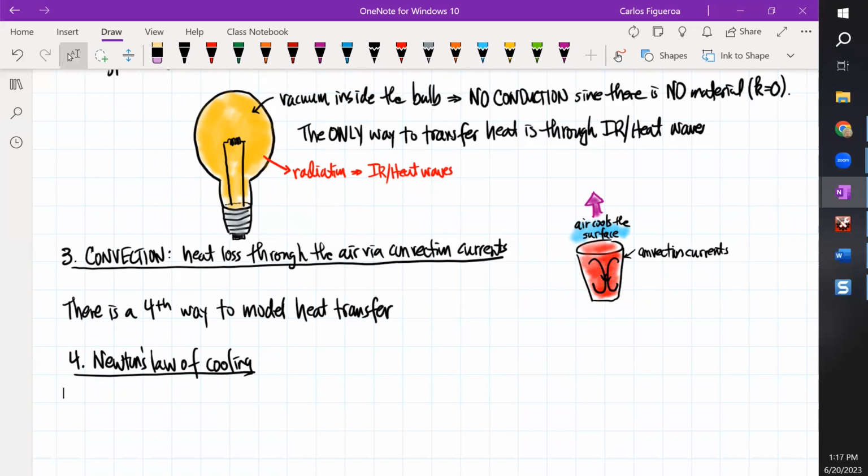And so in today's lab, you will start with warm water.